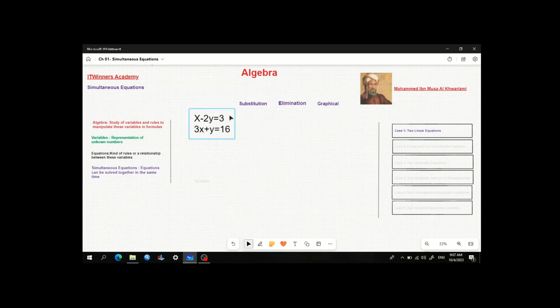I have to solve these two equations together to get the intersection point between these lines. That's our solution. Let's start with substitution. I have equations 1 and 2.